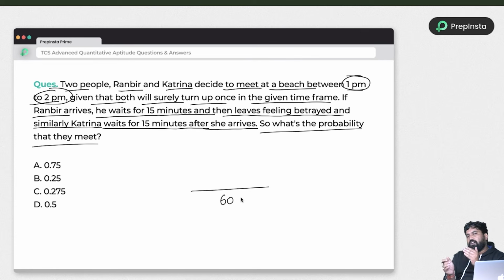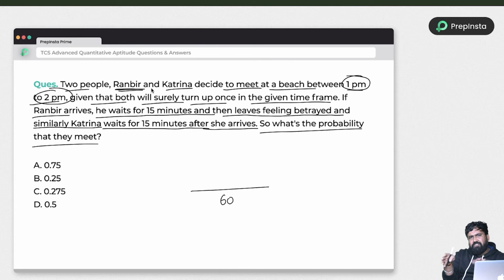What is the probability that they met? Yes, Ranbir comes and waits for 15 minutes. In that 15 minutes only, there is a possibility to meet each other, right? Or else Katrina came and she is waiting for 15 minutes. These 15 minutes are the chance to meet.